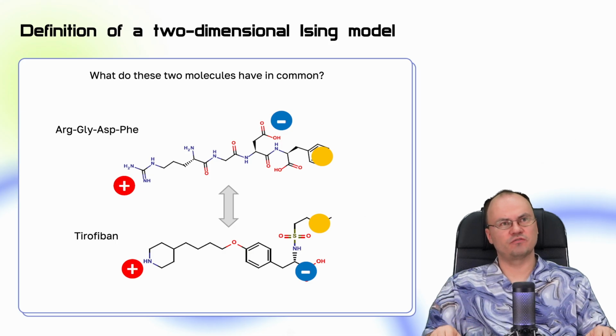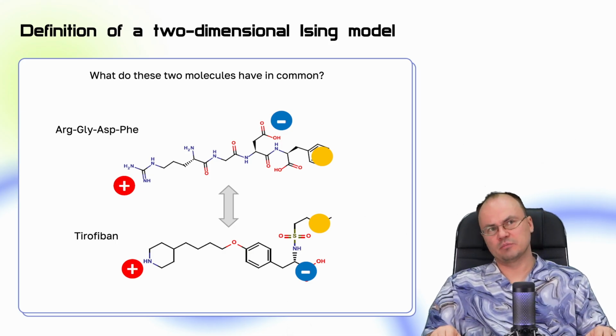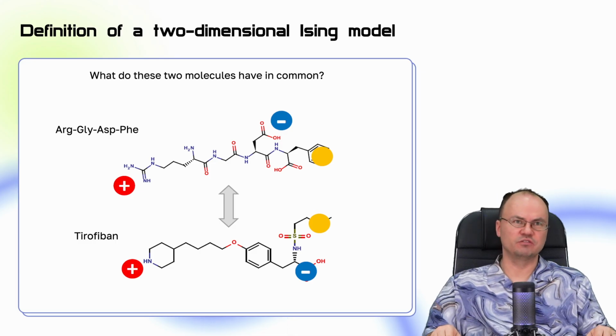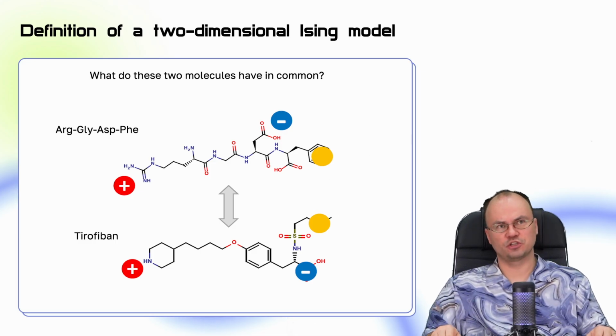On this slide, you have two molecules. One molecule is an oligopeptide, and the other molecule is a drug. These molecules have a very similar pharmacophore model, but they are very different in terms of structure. Therefore, we could utilize this pharmacophore model to search for similar substances in terms of bioactivity.